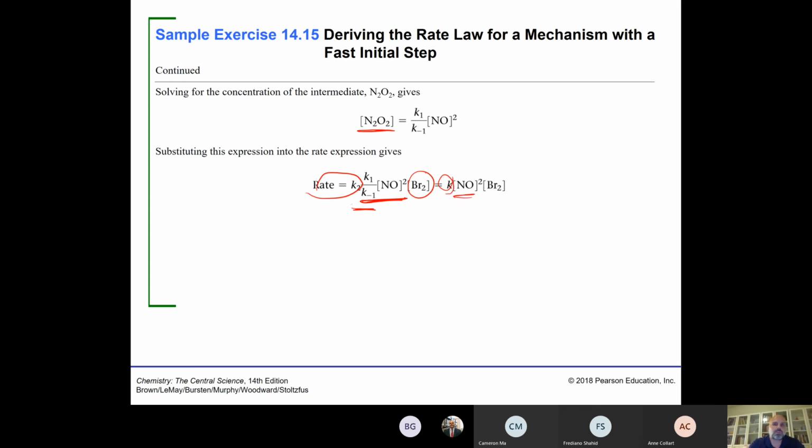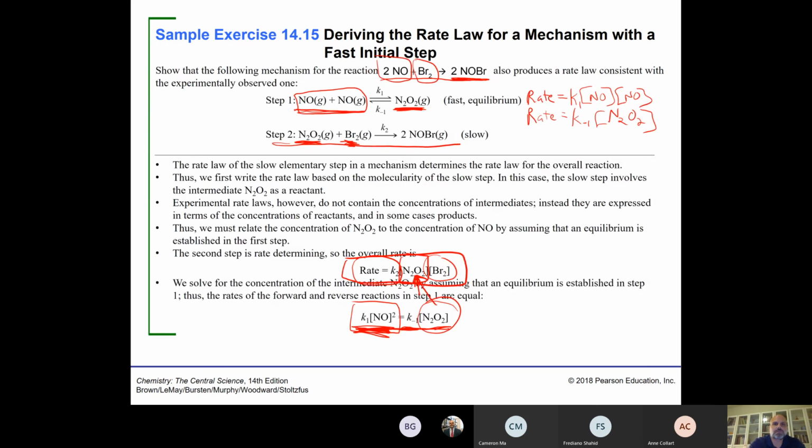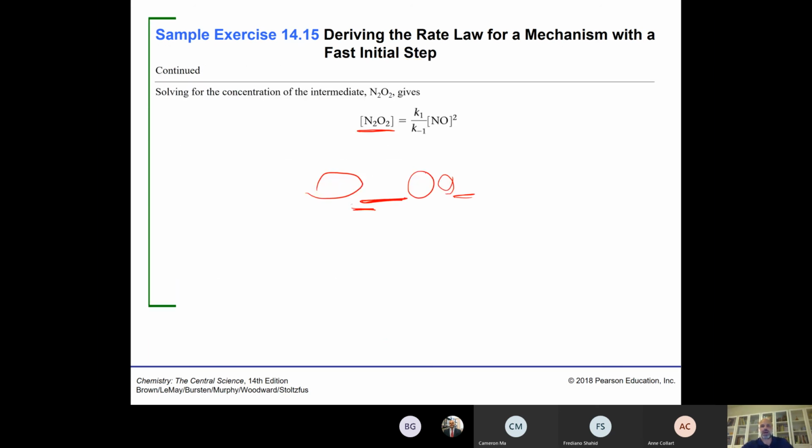So the rate in this example is dependent on the intermediate. If we go back to the original equation, the rate is dependent on both the NO molecules as well as the Br2. Even though this reaction looks like it's third order overall, the reason is that there are two independent steps, and the first step is in equilibrium, which affects the rate of the second step.